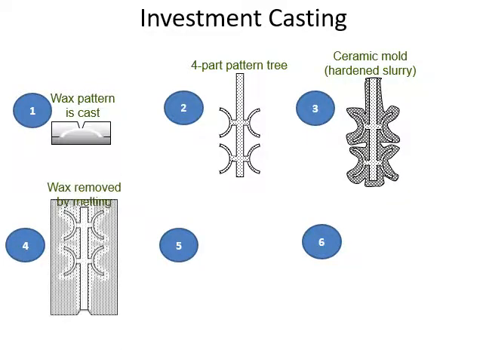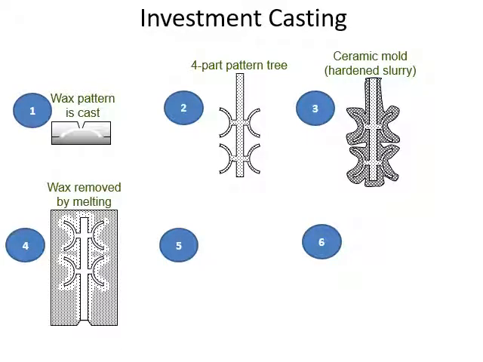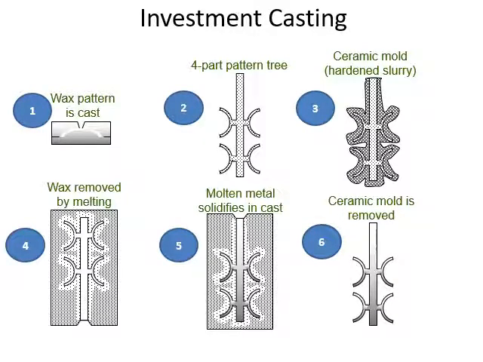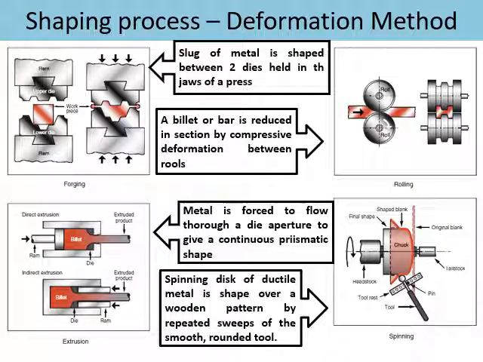Then you remove the wax by melting at high temperature, leaving the hardened slurry mold. Then you pour the molten metal into the cast, and after that you break down the ceramic mold, and then you can get the product.